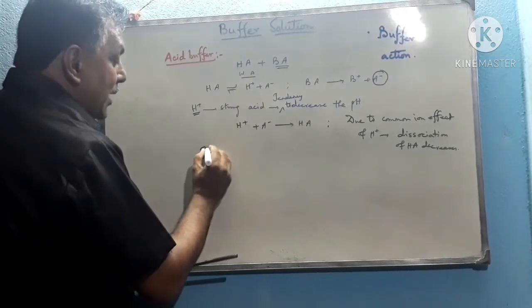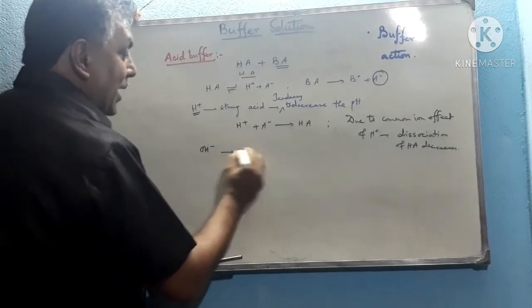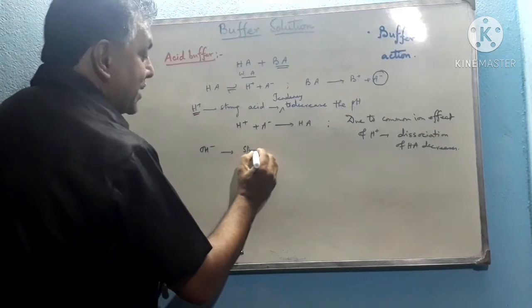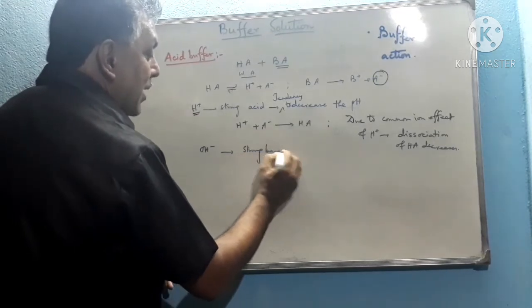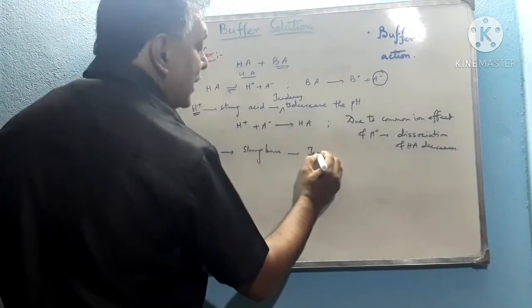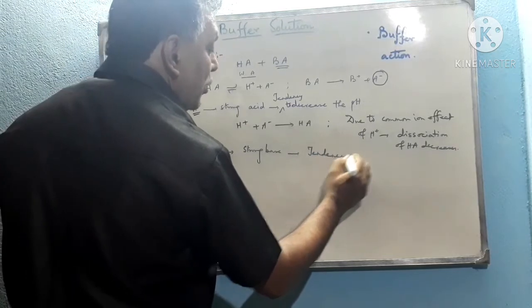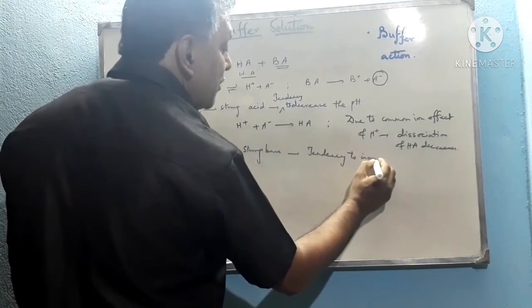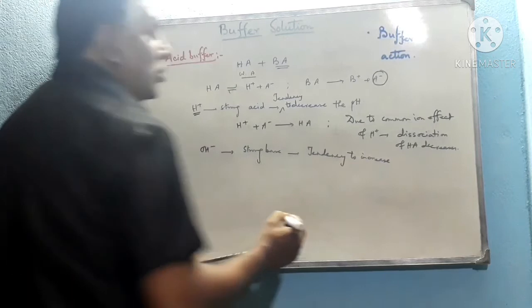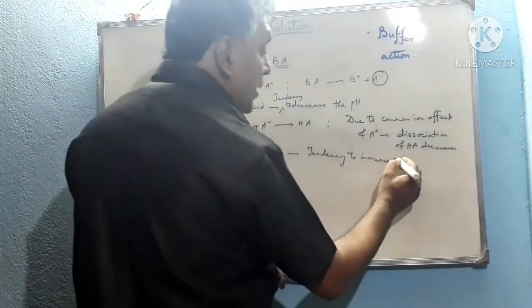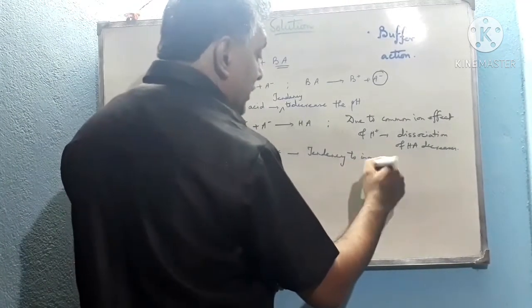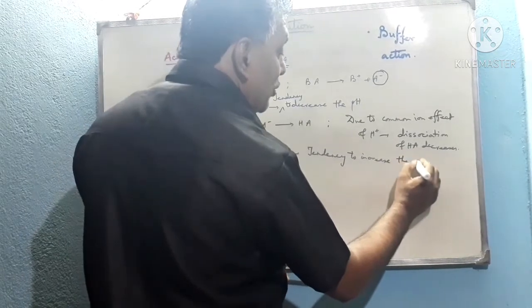Now if we add a small amount of OH minus, that means by adding a small amount of strong base, we know that this has a tendency to increase the pH of the solution.